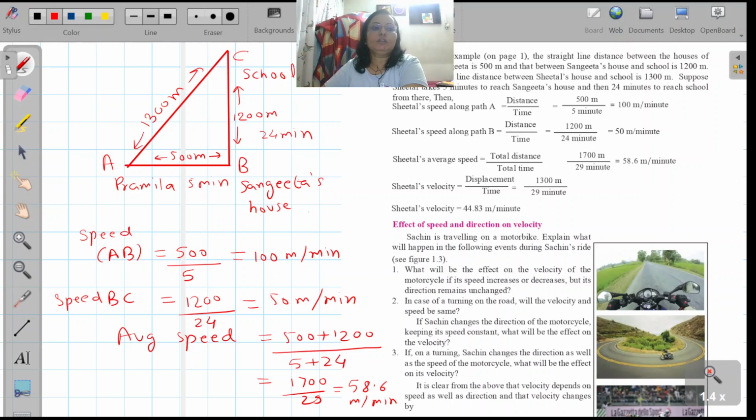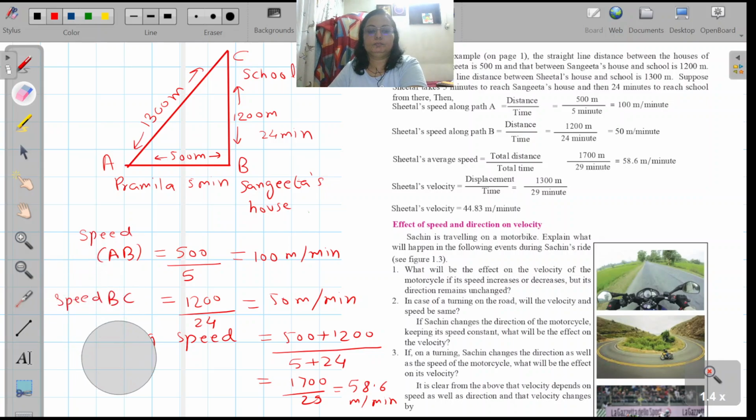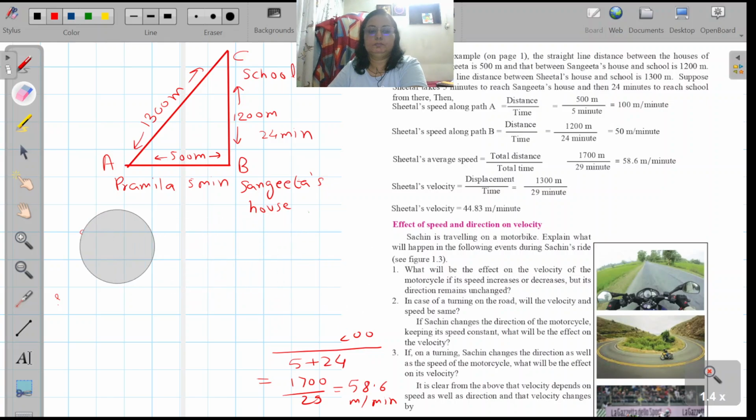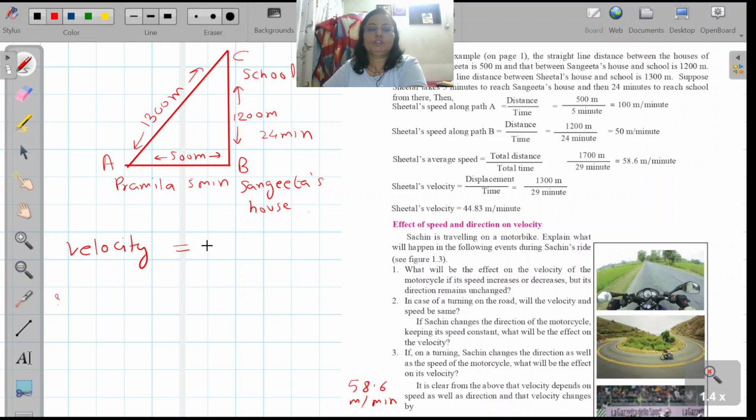Now this was average speed, but what is velocity? Velocity is defined as displacement upon time. So what is the displacement? Pramila travelled from A to B and B to C, but displacement is 1300 meter, that is AC.